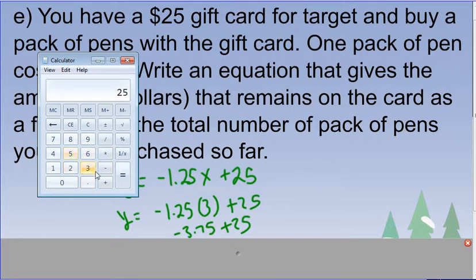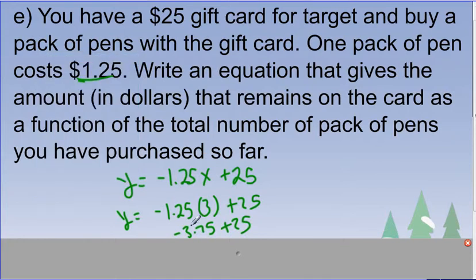Because it's a cheapo calculator, I don't have negatives, but 25 is going to go down by 3.75. Equals. That makes perfect sense to me. It kind of makes my mind feel good that that worked out the way it did. So we got y equals 21.25, I think? It makes sense. So although this looks a little ugly, it's not bad.